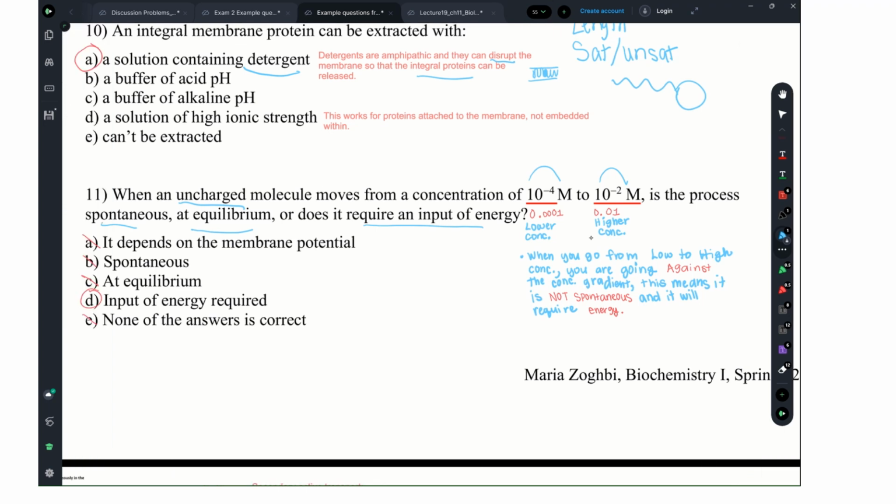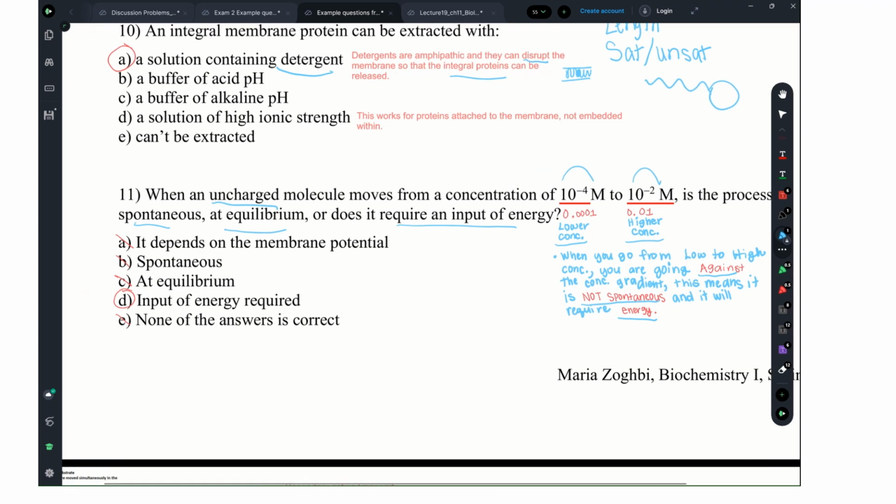So it's 0.0001, and then 10 to the minus 2 is just 0.01. So this is lower concentration and this is higher concentration. So you have a molecule going from low to high concentration. When you go from low to high, you are going against the concentration gradient, and this means that it is not spontaneous and it will require energy.